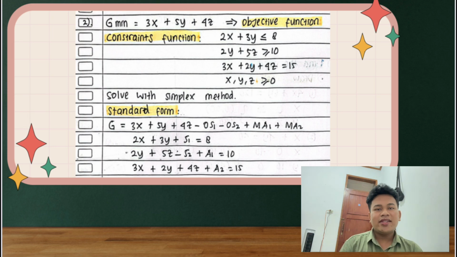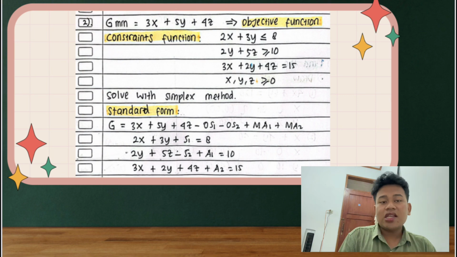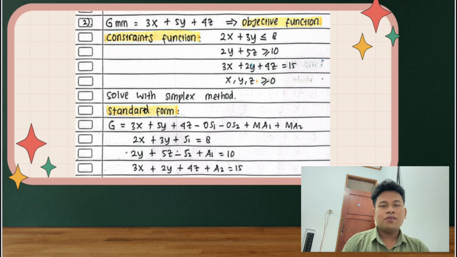And then in the last equation, 3x + 2y + 4z + a2 = 15, because it is an equality, an artificial variable is added without adding s.